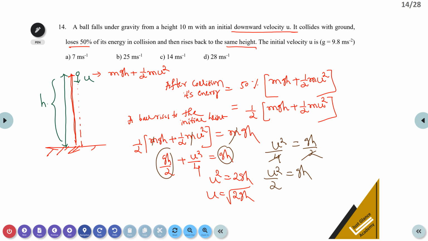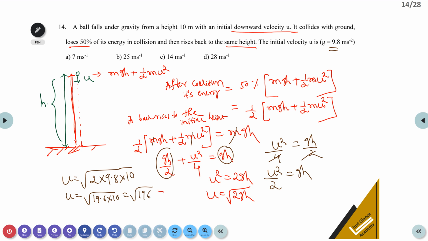Now substitute this. u equal to square root of 2 into height. As g equal to 9.8, and it is falling from a height of 10 meters. Roughly you can consider it is 19.6, so u equal to square root of 19.6 into 10, equal to square root of 196.